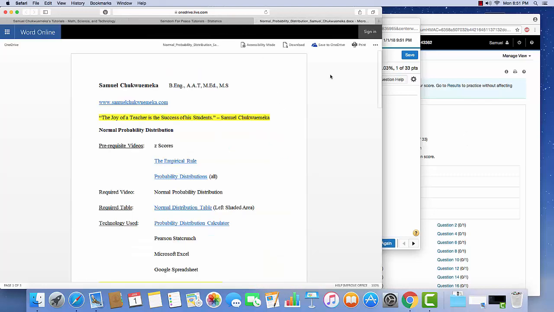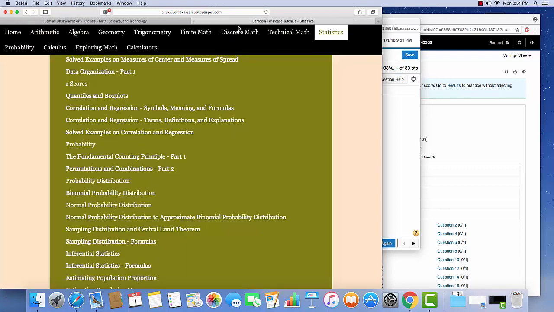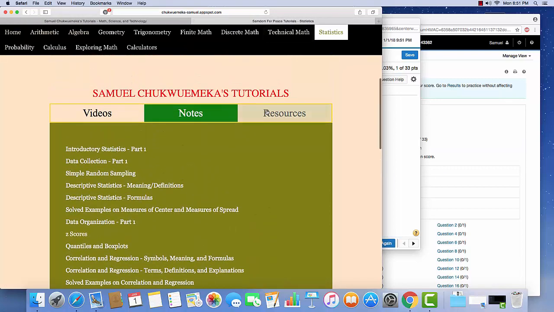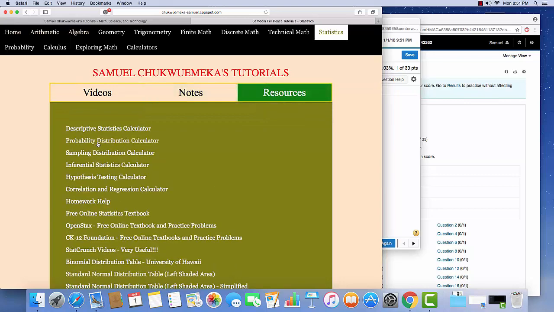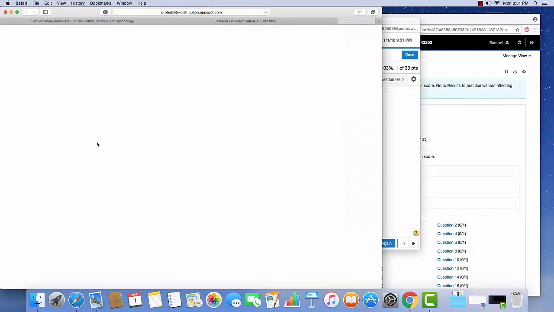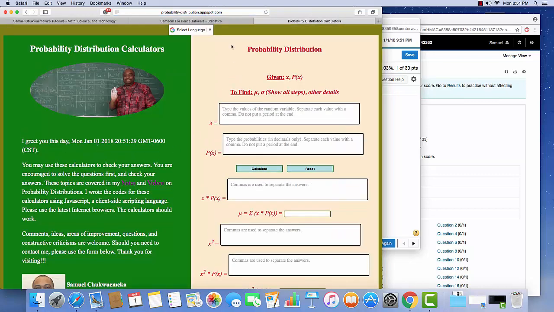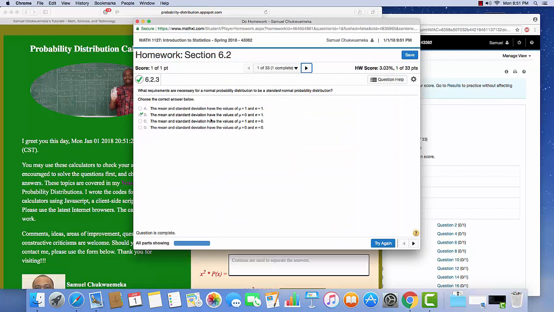So that's all I'm going to do. So please read the notes and view the videos. Let's get on my calculator. You can go to resources and we shall use probability distribution calculator. So that's question 1. The mean is 0, standard deviation is 1.